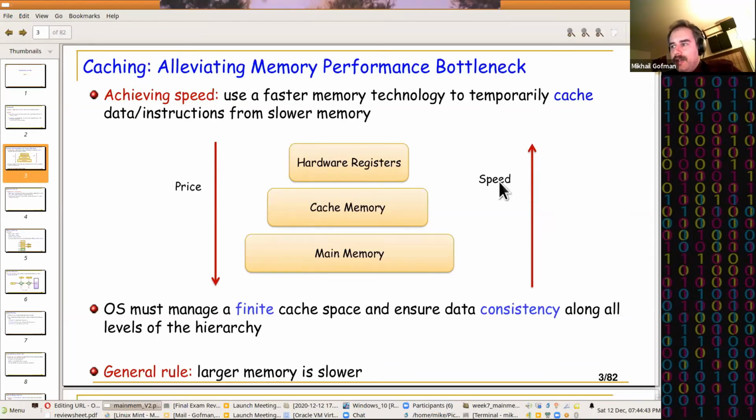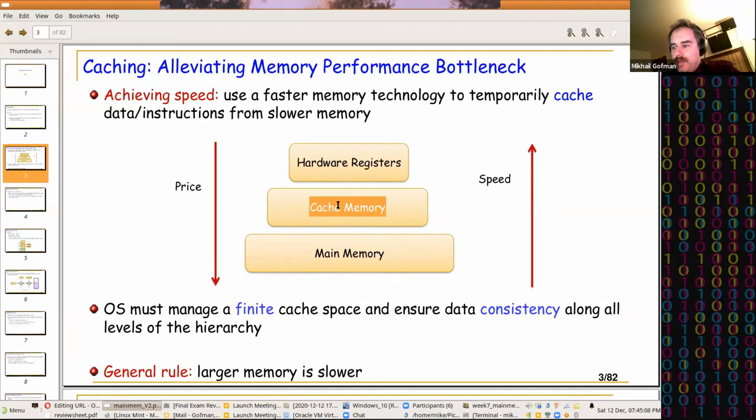Also, the price of the memory increases as well. For example, the fastest memory is the registers of the CPU. They're extremely small. On a 32-bit architecture, they are 32 bits in size. In 64-bit architecture, they are 64 bits in size. So very small. Then there is something called the cache memory.